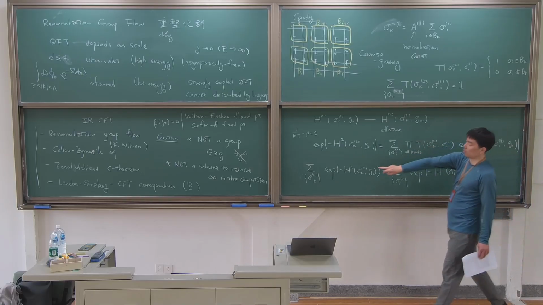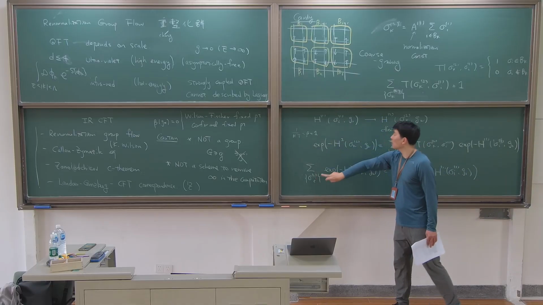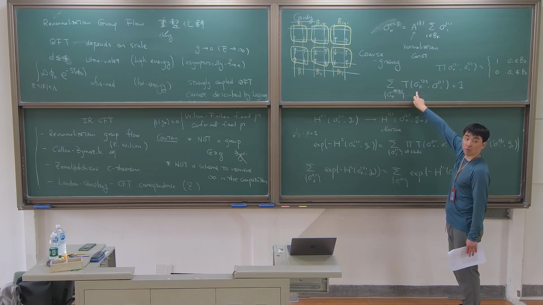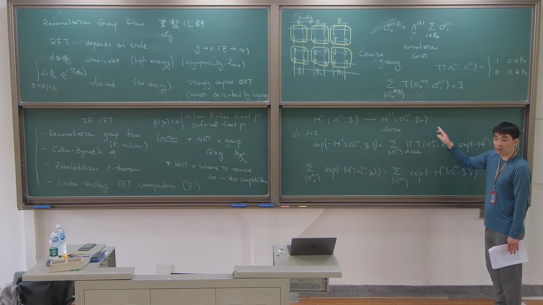If you sum up all possible coarse grain spins, you get 1. So this part becomes just 1, so the product becomes 1.